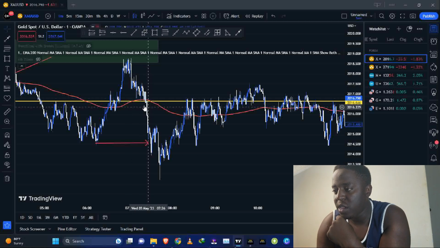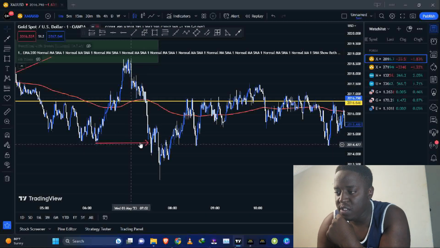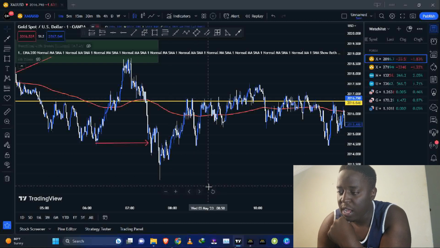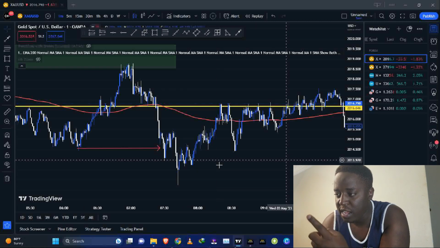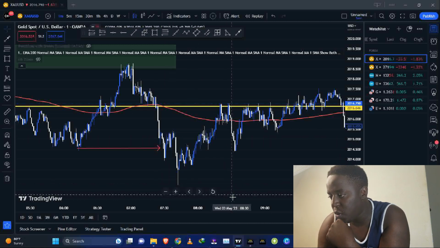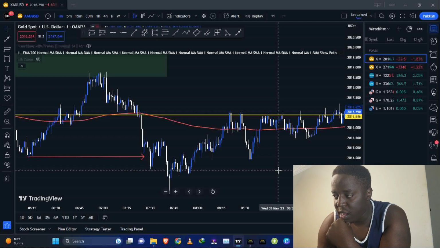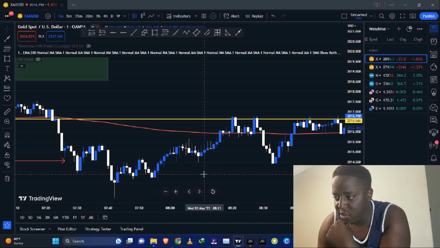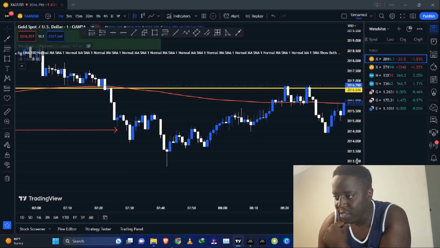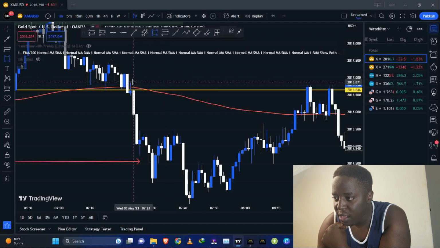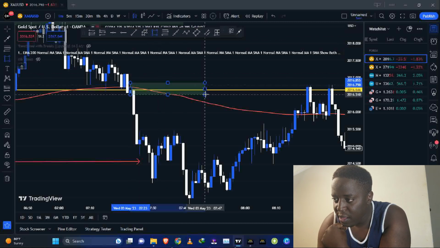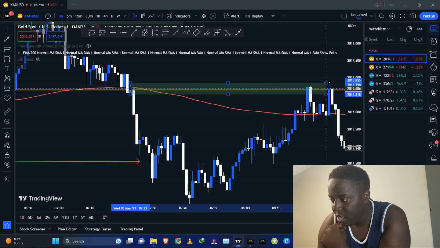When there was a break of structure here, I looked for another supply zone which had moved the market to break this zone. So I looked through these candlesticks, and what I found was there was another supply zone here. There was another supply zone here.